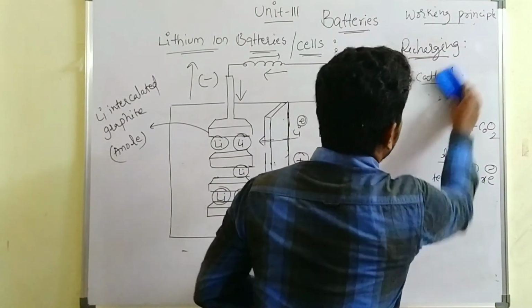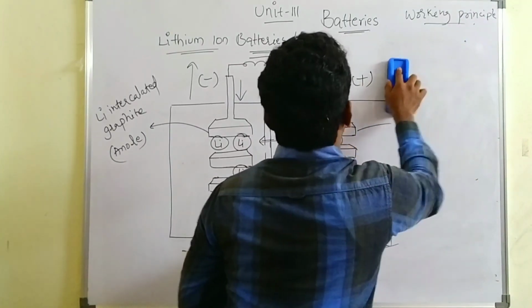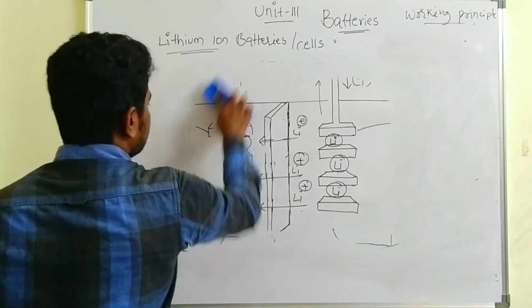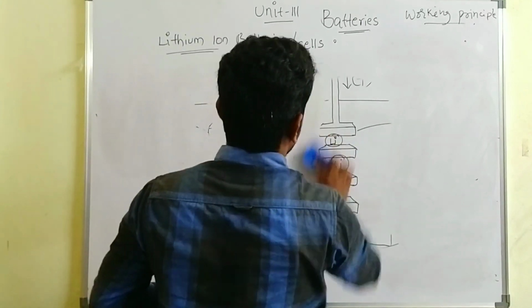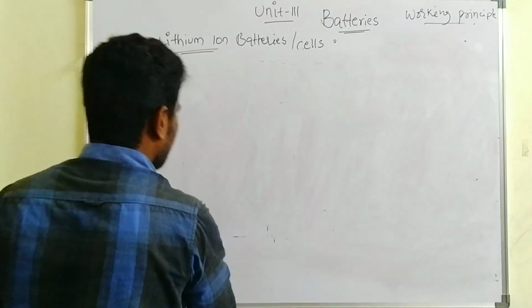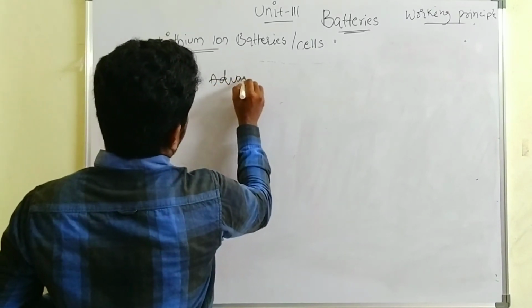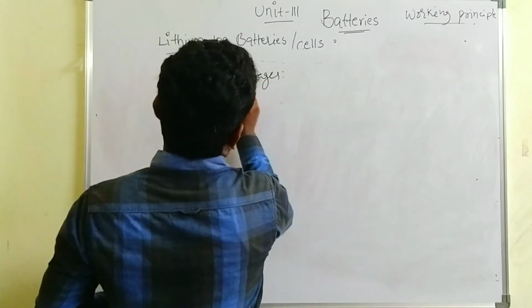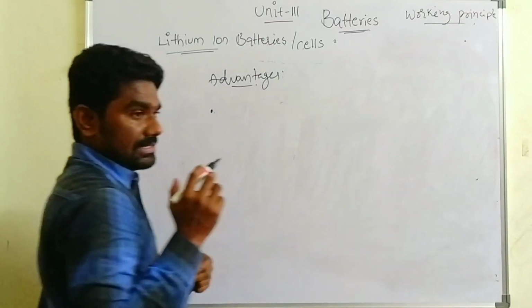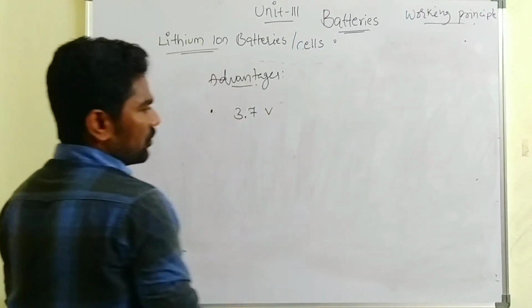These lithium ion batteries can generate a high voltage, almost 3.7 volts.